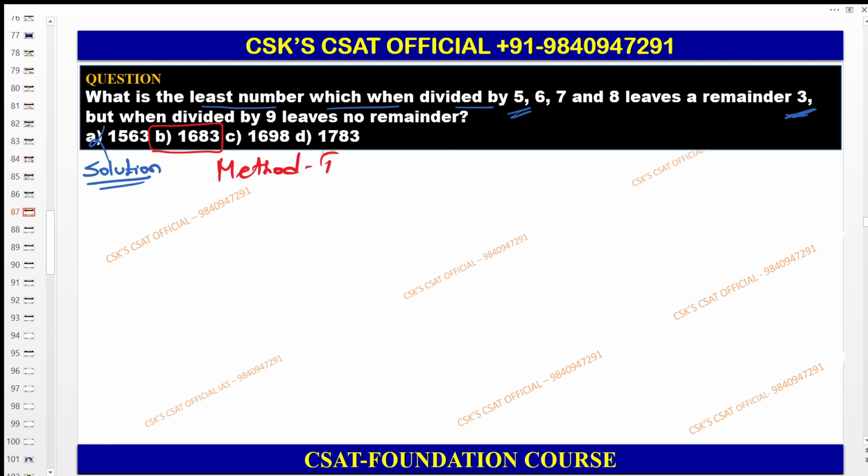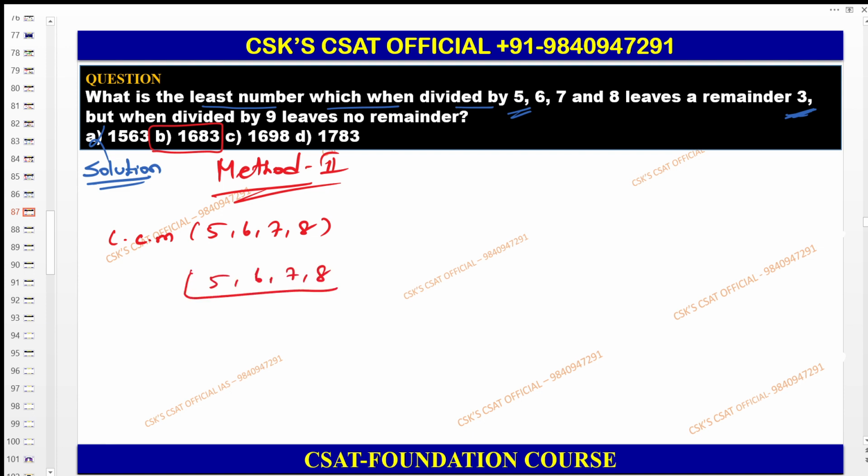Method 2. Since you know the concept of divisibility, we are going to see this with divisibility. Here a little bit of LCM is required. First of all, you need to take the LCM of 5, 6, 7, 8. Simple steps to take an LCM: simply multiply, or do the prime factorization.